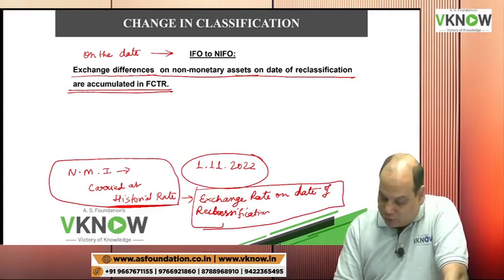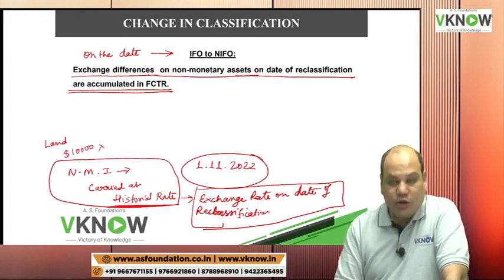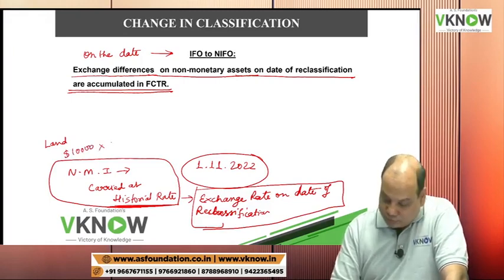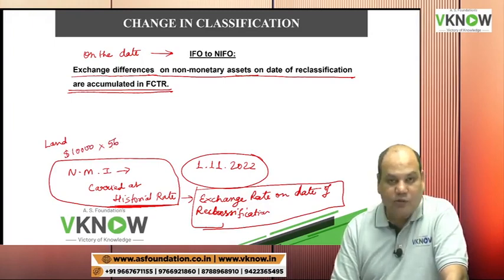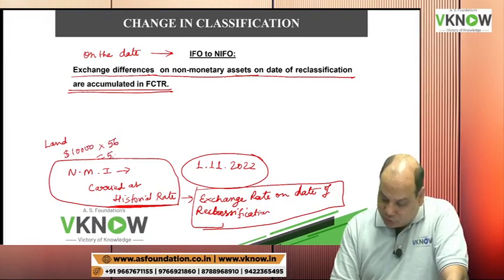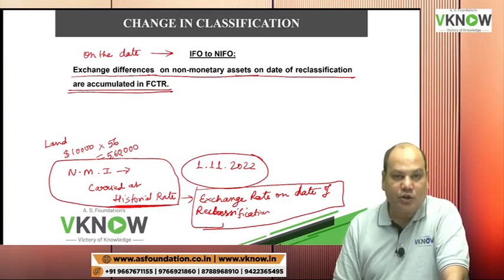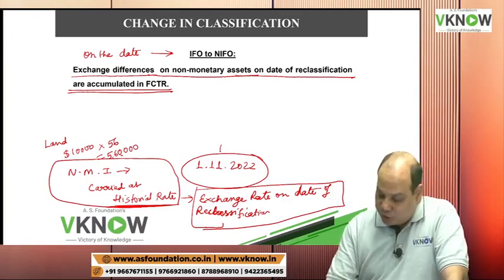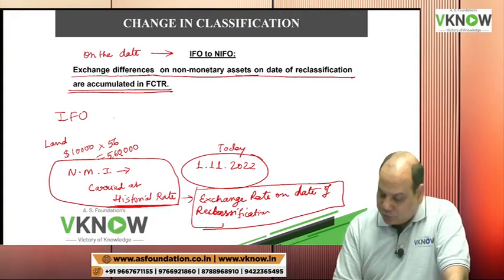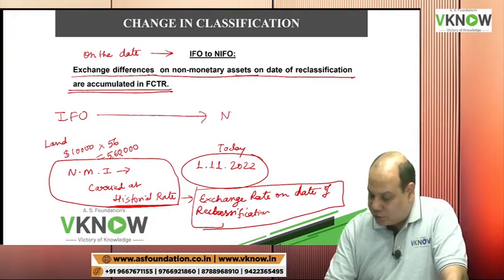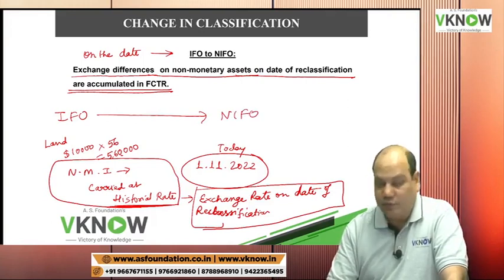Let us say in our books we have a land whose dollar value is 10,000. It was purchased 10 years ago at 56, so its historical rate is 56. It was appearing at 5,60,000. But today, instead of EFO, now we say no, this foreign operation will be classified as NIFO.